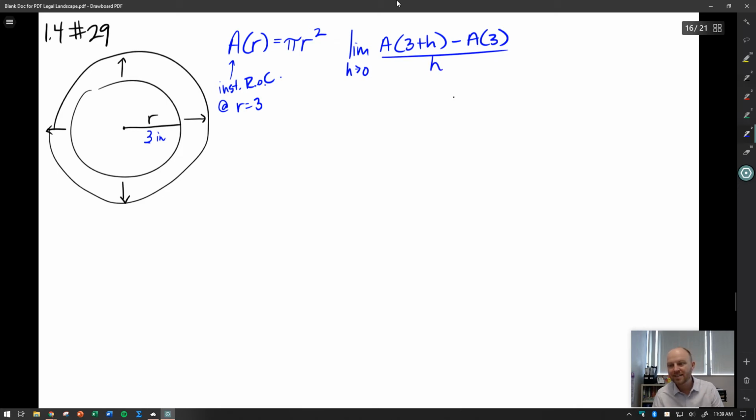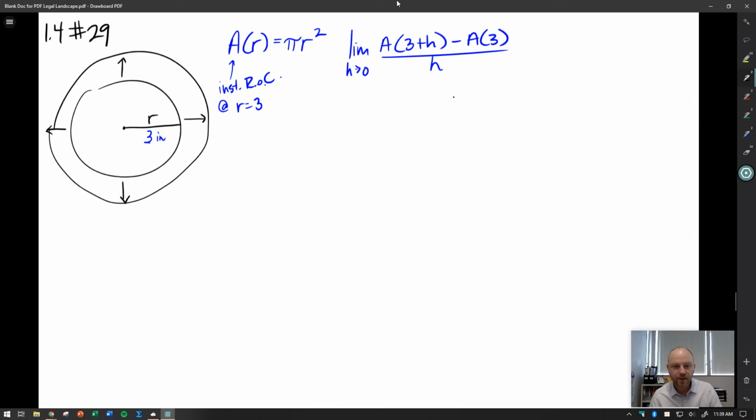And this is that same old difference quotient, that f of x plus h minus f of x all over h, or f of t plus h minus f of t. So we're just subbing in an A for the area function and a 3 for the r.